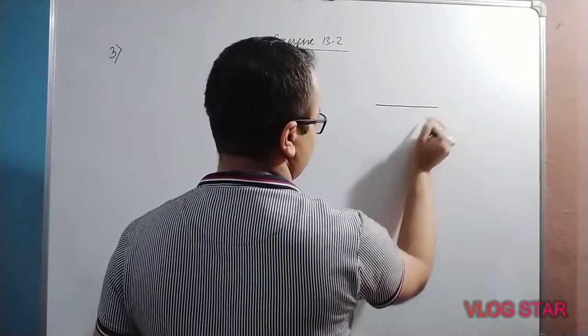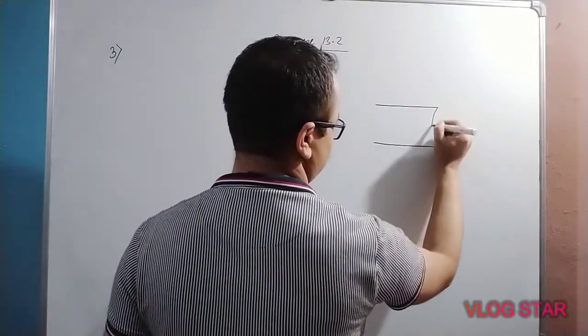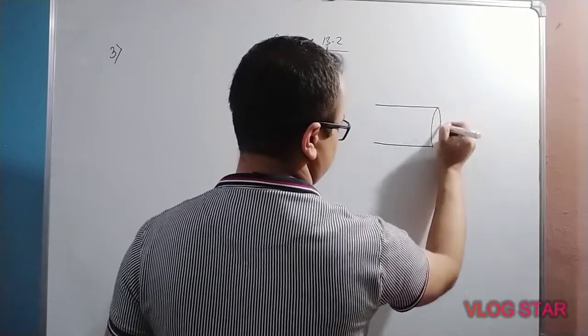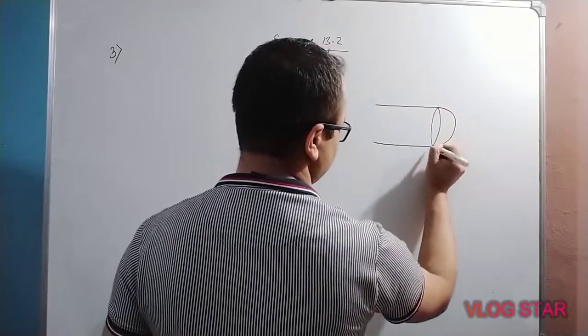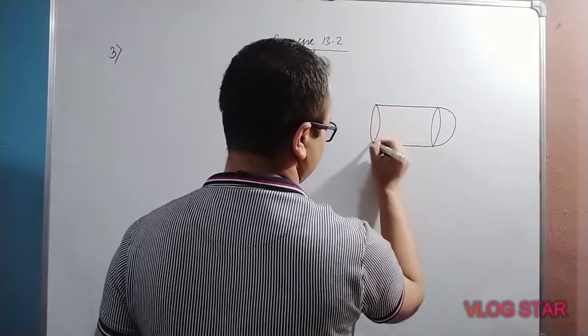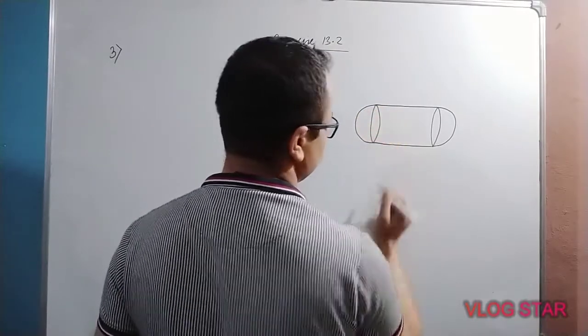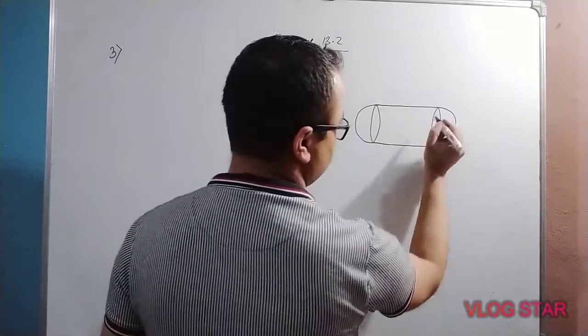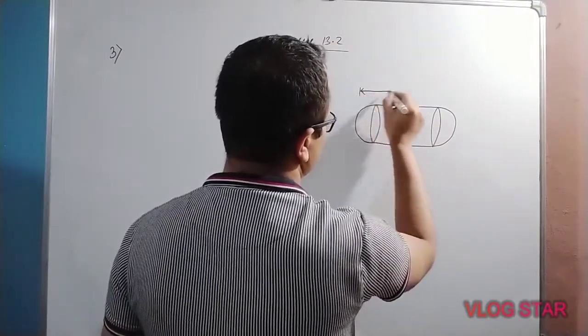The shape of each gulab jamun is like a cylinder with hemispherical ends. The total length of the gulab jamun is 5 centimeter.